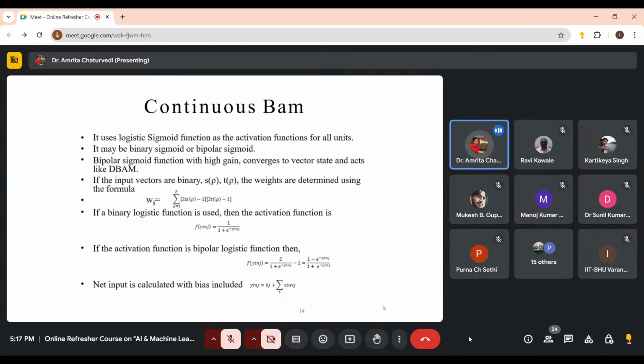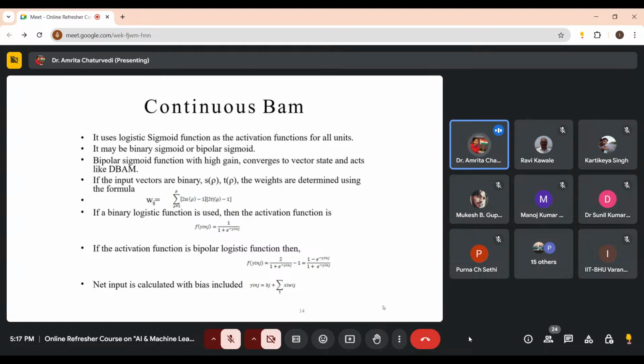So if the input vectors are binary, Sp and Tp, the weights are determined using this formula: Wij is equal to summation p is equal to 1 to P, (2 Sp(i) minus 1) into (2 Tp(j) minus 1). Right, so here we are converting the binary input and output into the bipolar form of weight matrix.